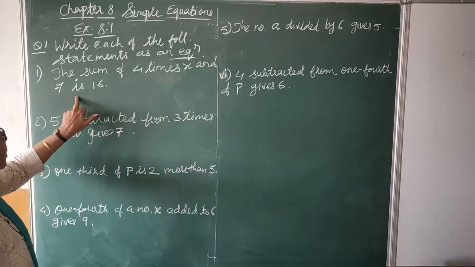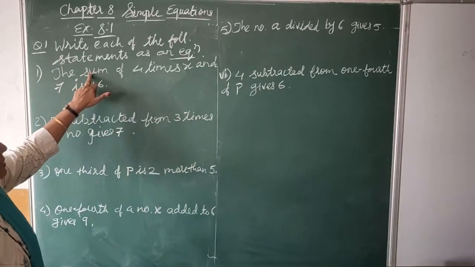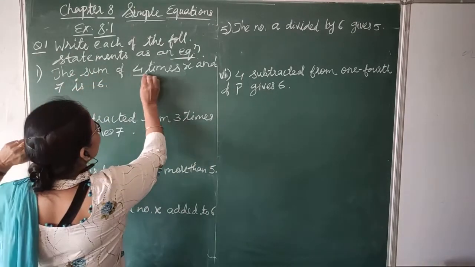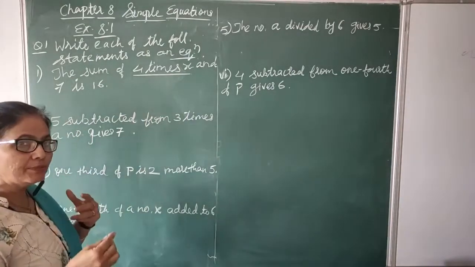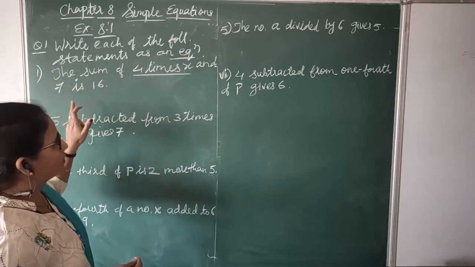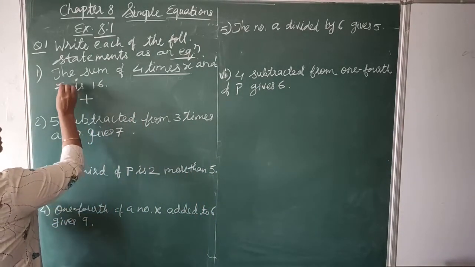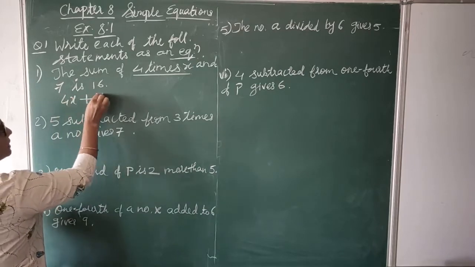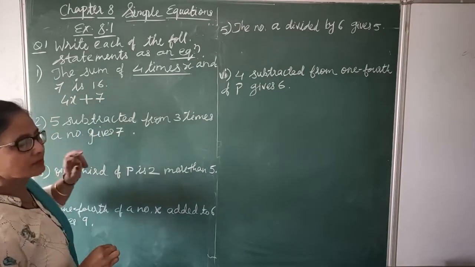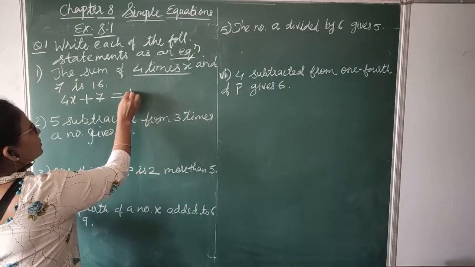Now let's read how. The sum of, sum means plus, sum of what? 4 times x. Times means multiply. Okay. 4 times x and 7. So the sum means plus, sum of 4 times x and 7, is means equal to, remember, is what?